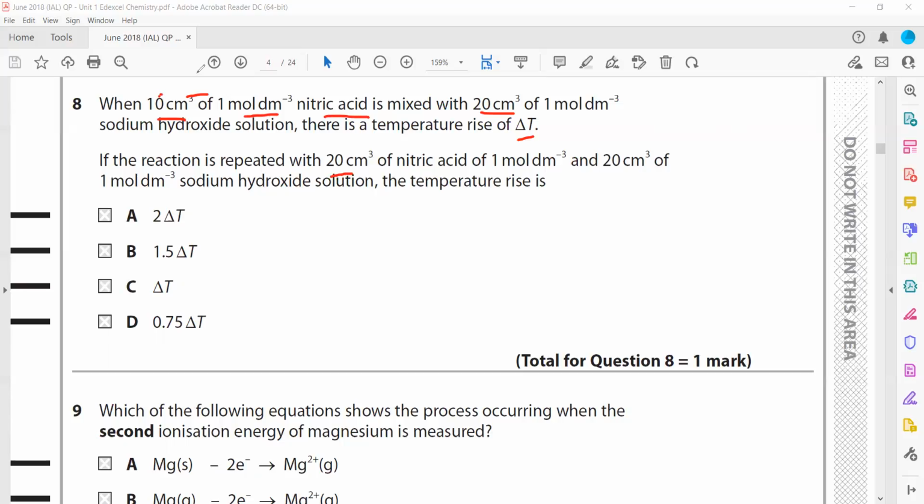So in the first reaction we are using 0.01 moles of nitric acid and 0.02 moles of sodium hydroxide.